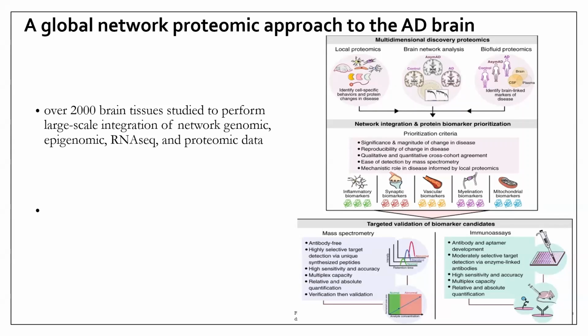Aptamers are the nucleic acids which bind to certain proteins, so you have to design those nucleic acids. High sensitivity and accuracy is there, and moderately selective target detection by enzyme-linked antibodies. So these are two of the characterization or identification steps that can be used to generate the clinical biomarkers for the Alzheimer's disease brain. Okay, is it clear what I'm trying to tell from this conceptual framework?